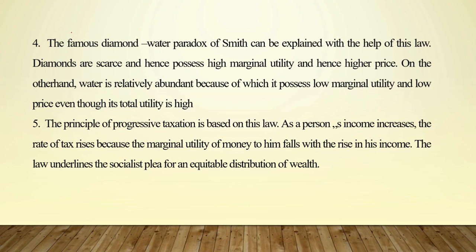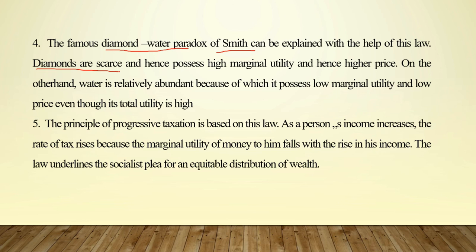The famous diamond water paradox, which is given by Smith, is also explained with the help of LDMU, that is, law of diminishing marginal utility. Suppose we have taken diamonds.